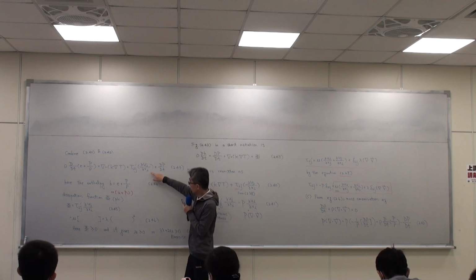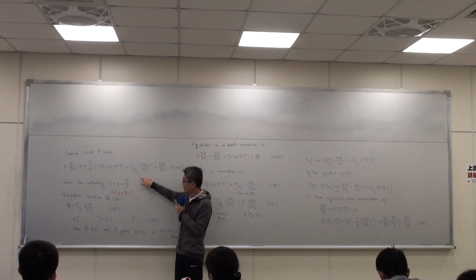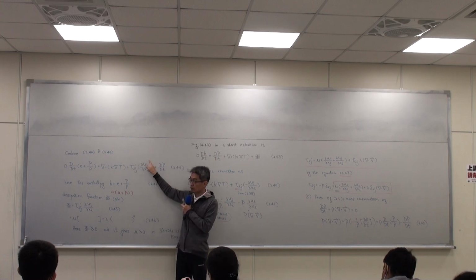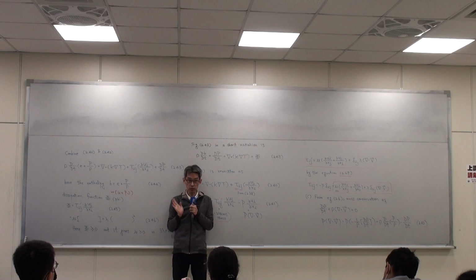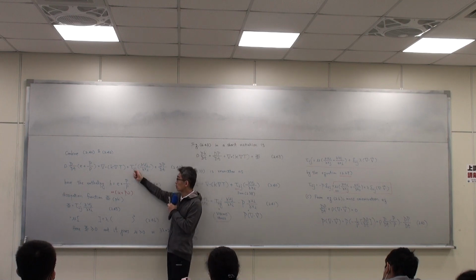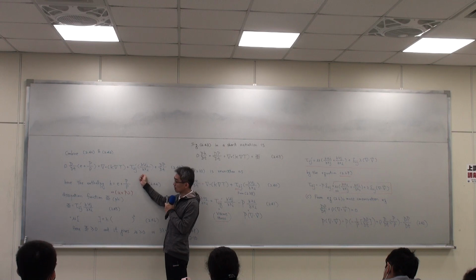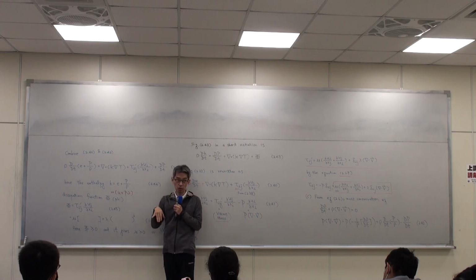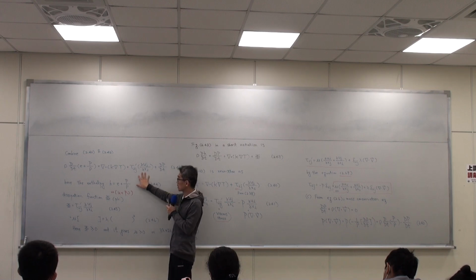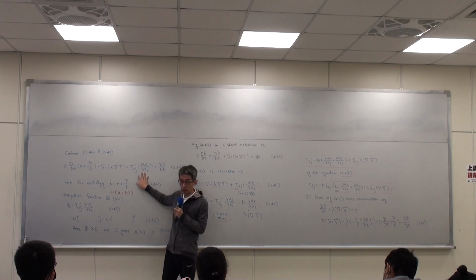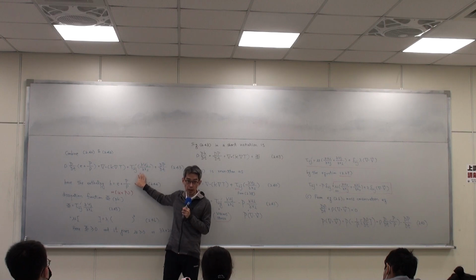But this term is basically the friction term we just mentioned. Its contribution should always be negative to the total energy. If you use the Bernoulli equation, this will become the minus term.